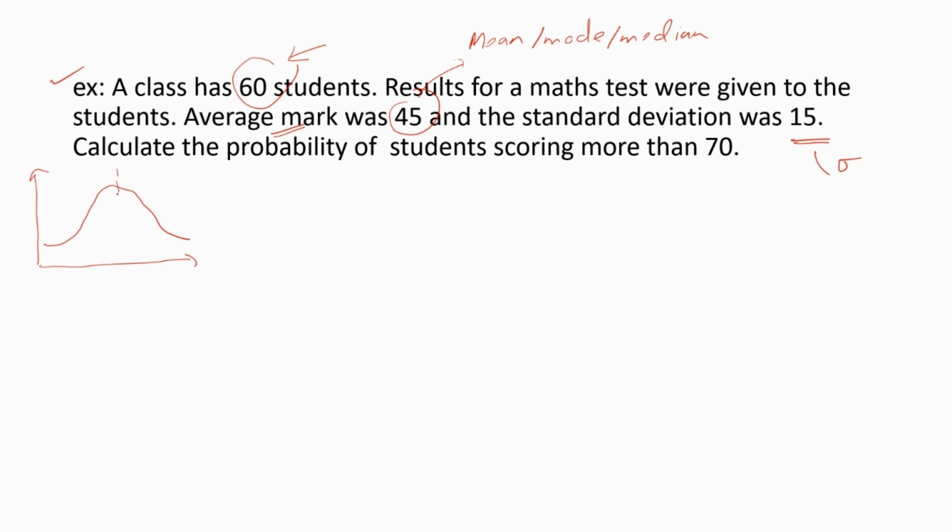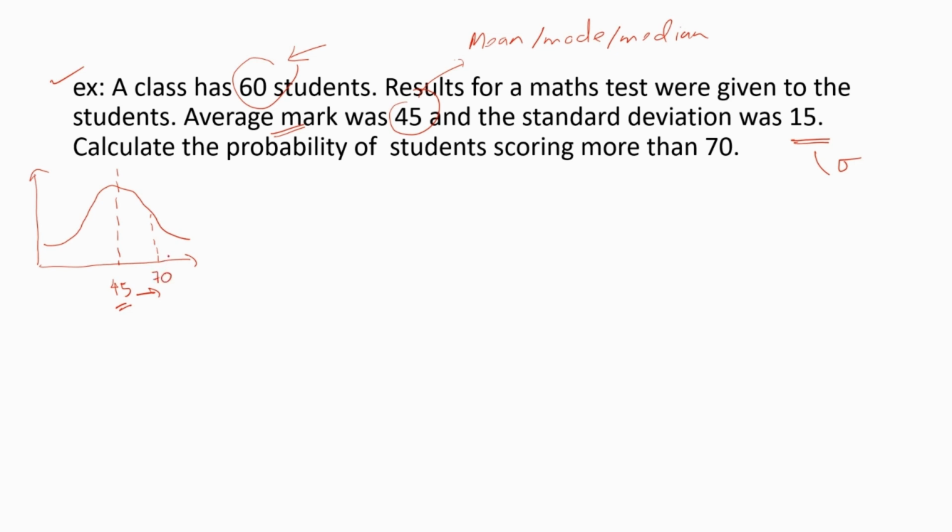So they have given the mean value or the average value, which is 45. And they are asking the probability of students scoring more than 70. So 70 is above the average value because this is 45. 70 should be on this side. So it will be around here, 70.